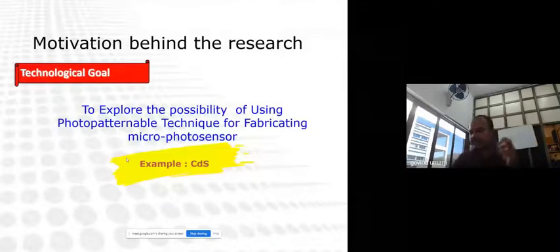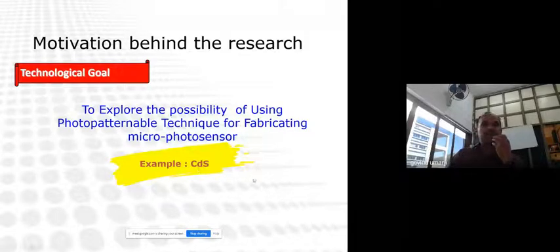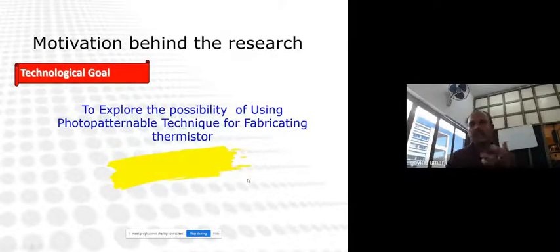So the second part comes, where Microsoft already discussed the application as a technological goal, how this sustains for the technology. Microsoft already presented the example of cadmium sulfide. So I will give another application as a technological goal for this photo patterning technique: the thermistor application.